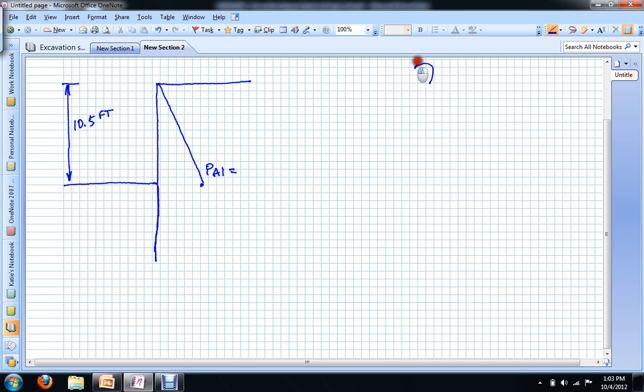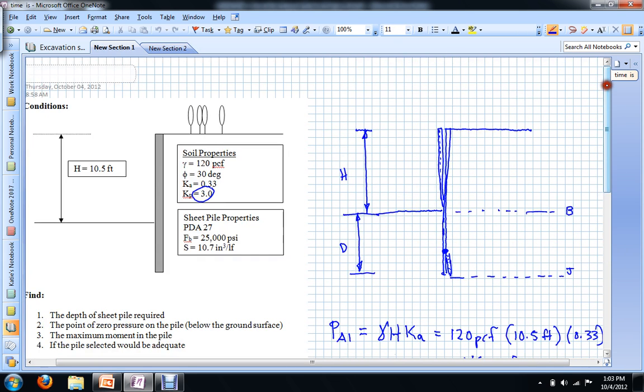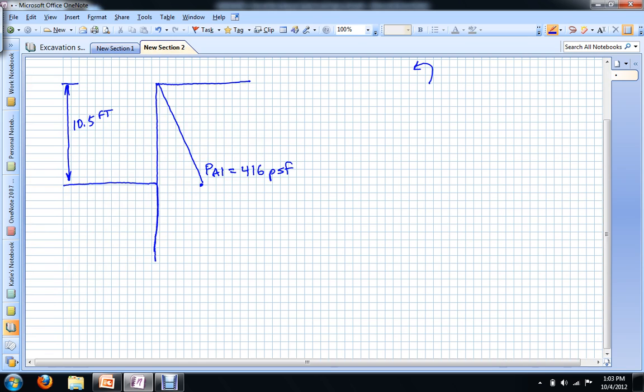All right, so we're rotating in this direction. PA1 in this problem we know is 416 pounds per square foot. If you remember back, if I scroll up, this is the problem that we are now dealing with. Let's go back to our drawing here.